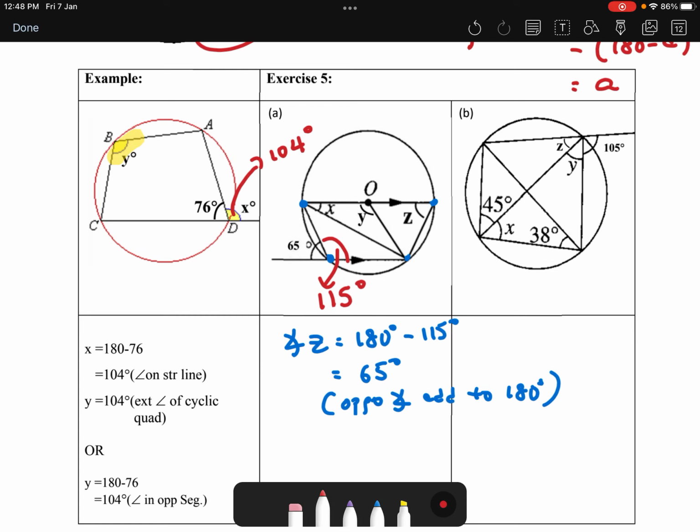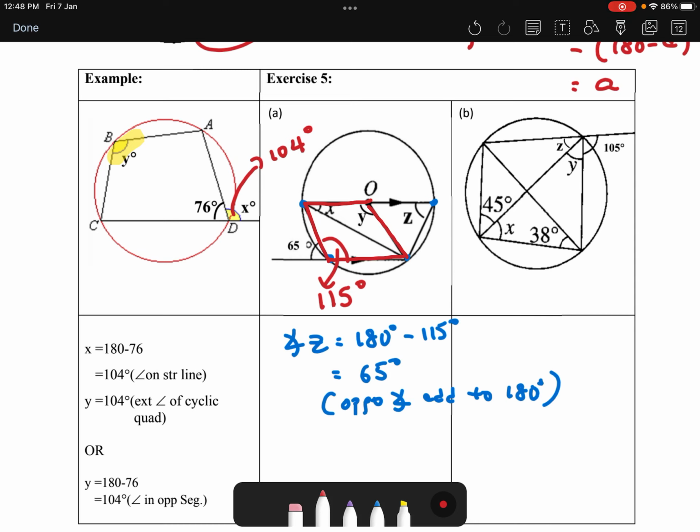After finding angle Z, let's find angle Y. You notice one thing: for this one I will need to use a different property already. If you look at this 115, it touches the circumference of the circle. So remember the very first property: angle at the center is 2 times angle at the circumference. But be careful, angle Y is not the angle at the center.